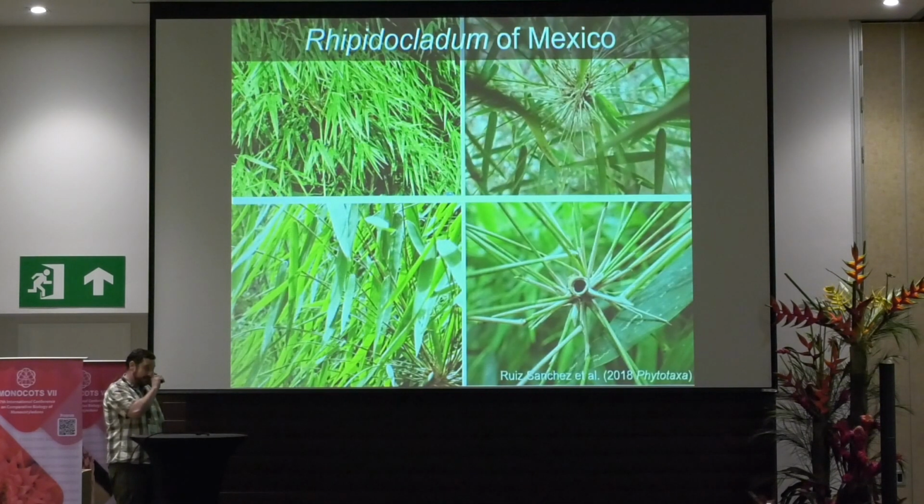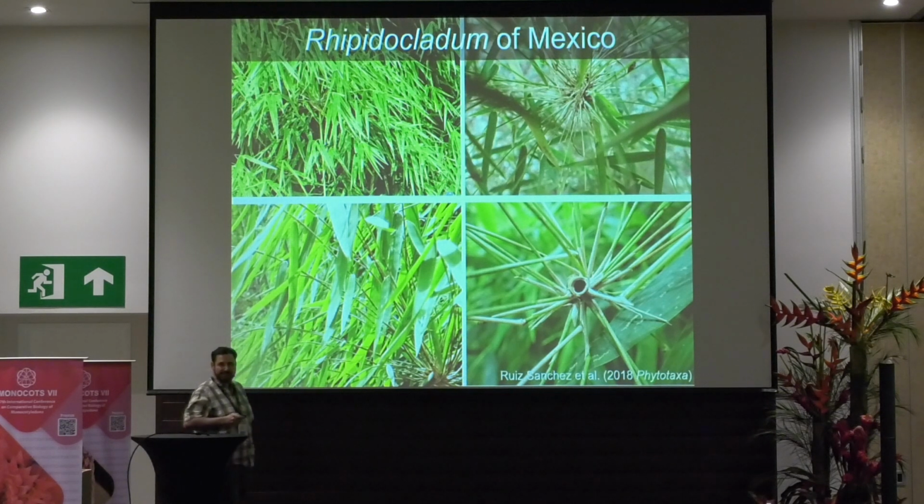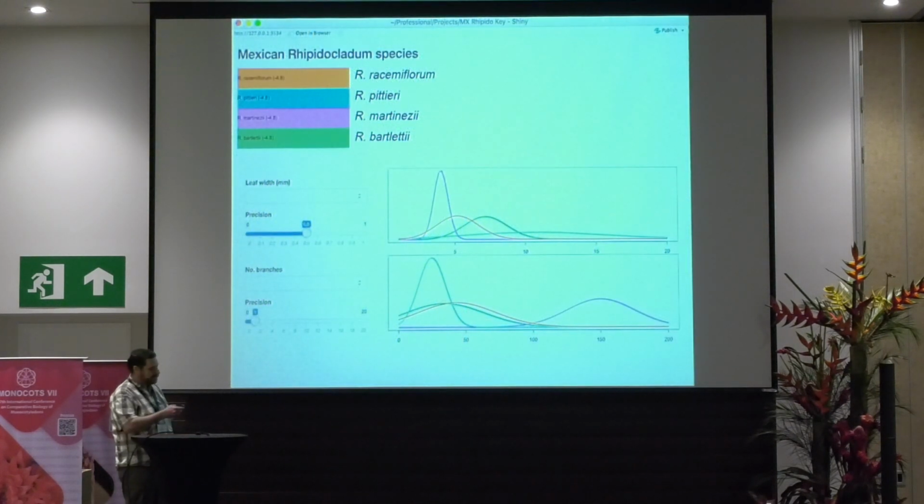Let's look at it in practice here. So Mexico has 7 species of Rhipidocladum, and 4 of them are very difficult to tell apart when they're vegetative. So here are the 4 species: Rhipidocladum racemiflorum, Pidieri, Martinezii, and Bartlettii. And I've chosen only 2 characters for simplicity here.